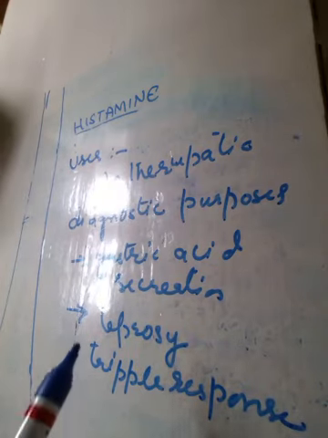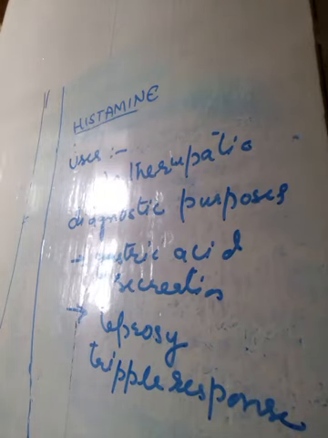So histamine on its own has no therapeutic use, but it is used for diagnostic purposes, like in the study of gastric acid secretion and leprosy, in confirming whether the triple response is present or not. Another disease where it is used for diagnostic purposes is pheochromocytoma.